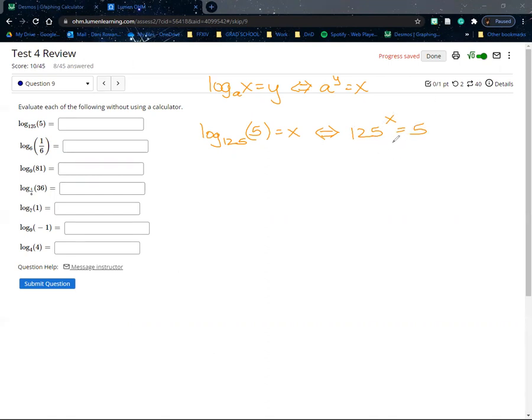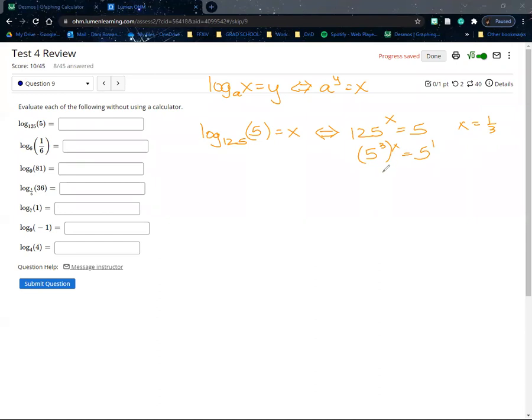How can we change 125 to be in terms of 5? We would have to raise it to 1/3. So x is 1/3. But if you don't catch that right off the bat, we know that 5 to the 3rd power is 125.